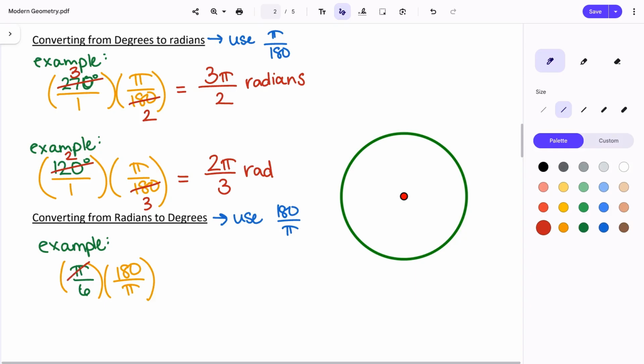They're going to cancel. That should always happen when you're going from radians to degrees. There's a pi built in there, so it should just cancel off. Can 6 go into 180? Yeah. How many times? 30. So I'm going to just go ahead and do that reducing. So all I have left here is 30 over 1, which I'm just going to write as 30 degrees. There's your answer.